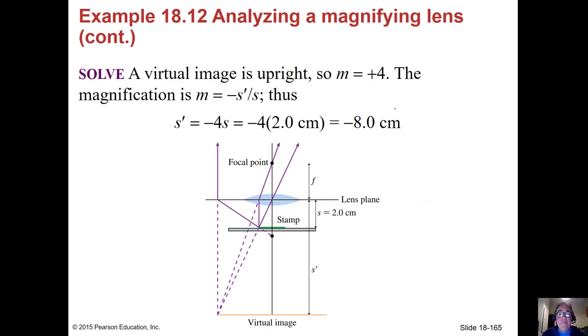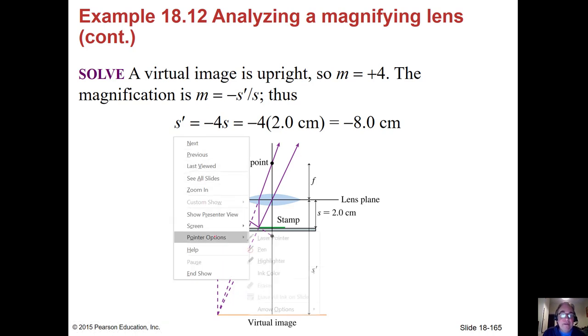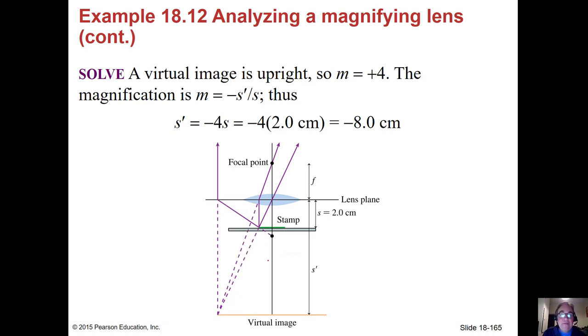Okay, so magnification is +4. We could use this equation here. Actually, let me use the highlighter. Magnification is given by M equals minus S prime over S, and they're telling you M is 4.